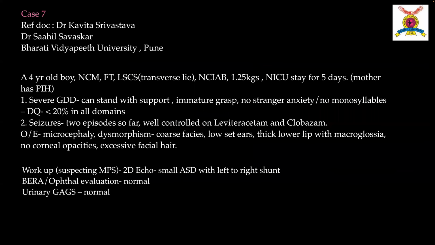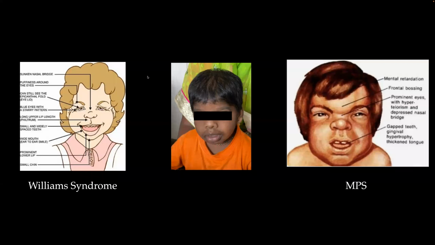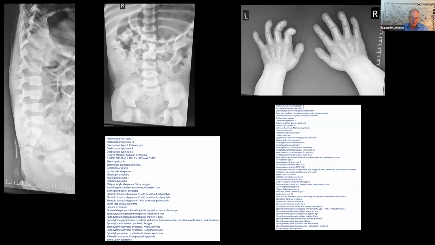As you can see, the facial dysmorphism. We showed it to our geneticist over here, and based on the facial appearance, she thought about the possibility of Williams syndrome. So just to keep that in mind, we'll go to the images. Can I mention that MPS patients do not get microcephalic?